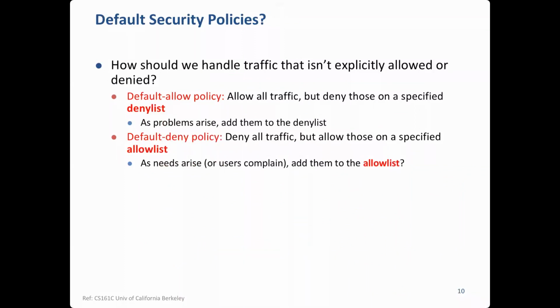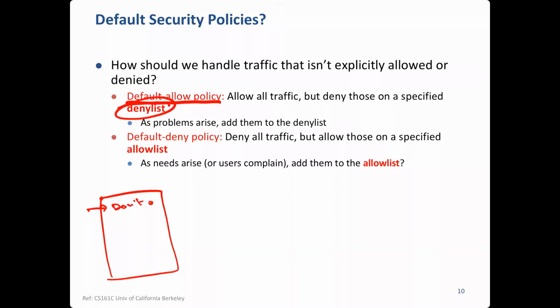If these policies are not very explicit, then we can have a default allow policy: allow all traffic, except for those in the denial list. So for your institute, for example, the guys at the gate will have a list that says don't allow beggars, or don't allow, for example, villagers, for some reason or other.